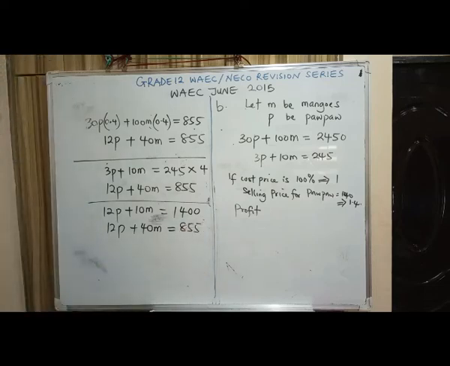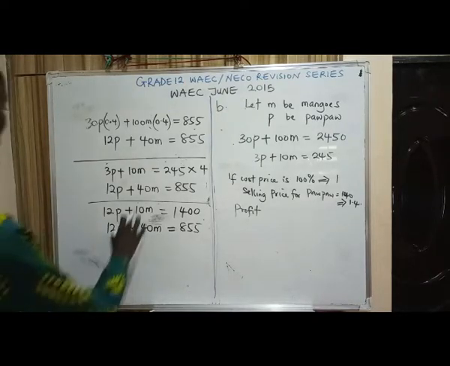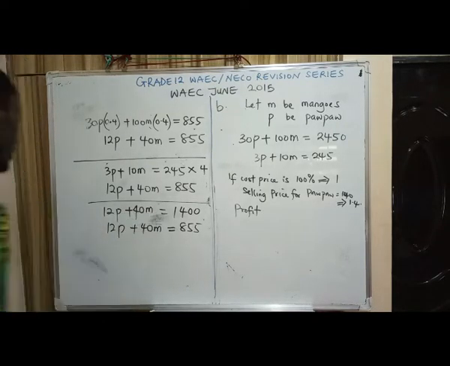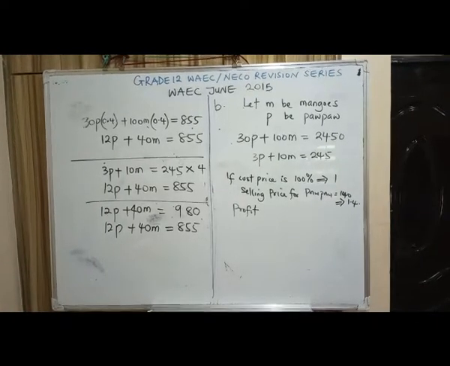There's something I missed. Multiply the 10 and 4, this will give me 40, no doubt, but there's still something I missed here. 245 times 4 is 908.